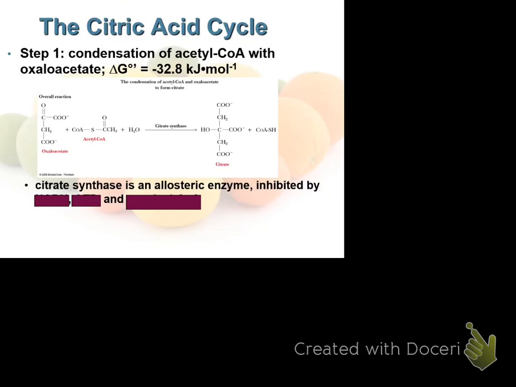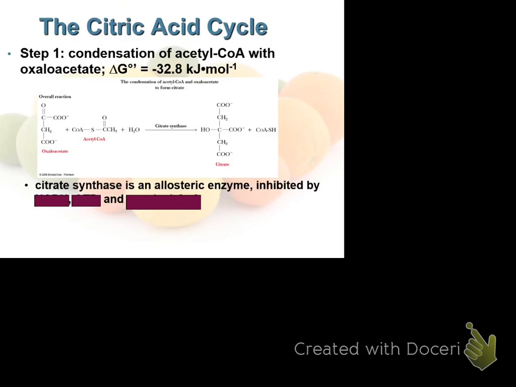Okay, so it's allosteric. What do you suppose are going to be some of the things that it would be inhibited by? Because for two of these I could argue that it makes sense why they would inhibit this enzyme of the citric acid cycle. You could make the argument for citrate. What else would make sense?